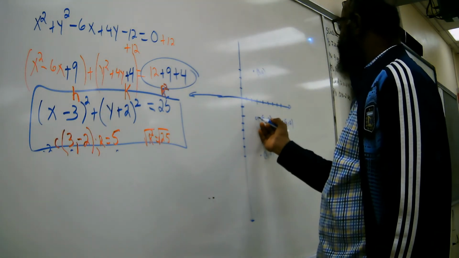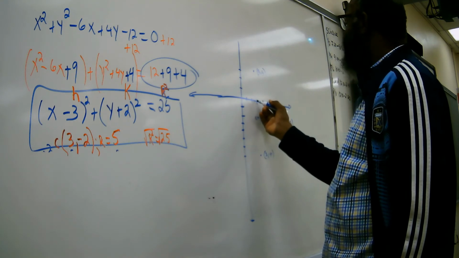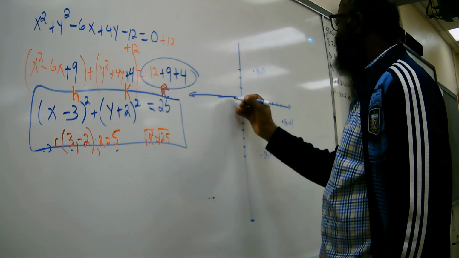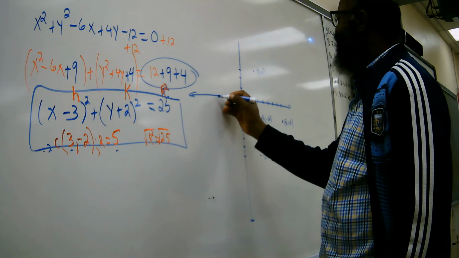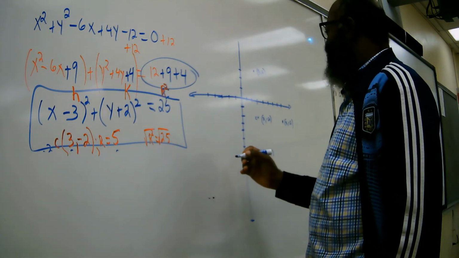Alright, if I'm here, I want to go 5 units to the left. I will be at negative 2 on the x-axis. That will be negative 2, negative 2.